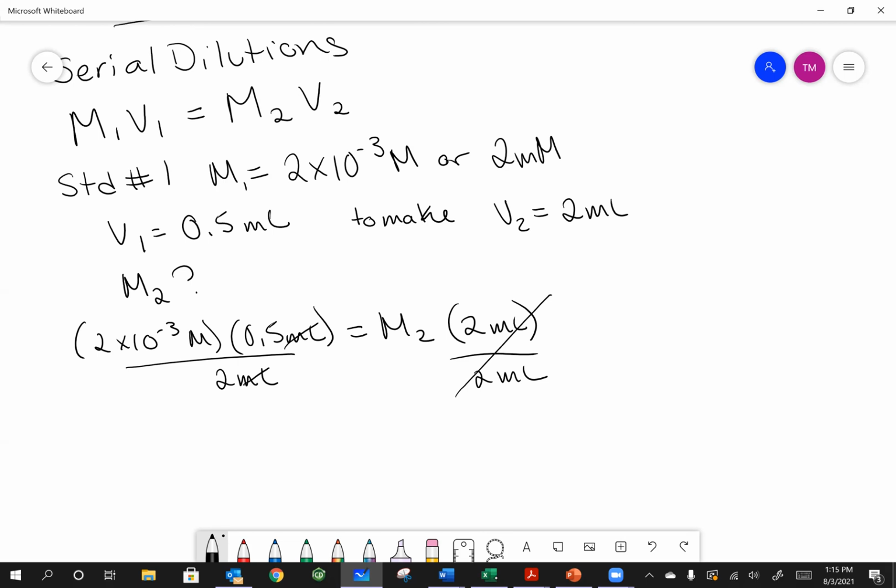So what we have is, our M2 equals 2 times 10 to the minus third molar times 0.5 divided by 2, and that equals 5 times 10 to the minus fourth molar.